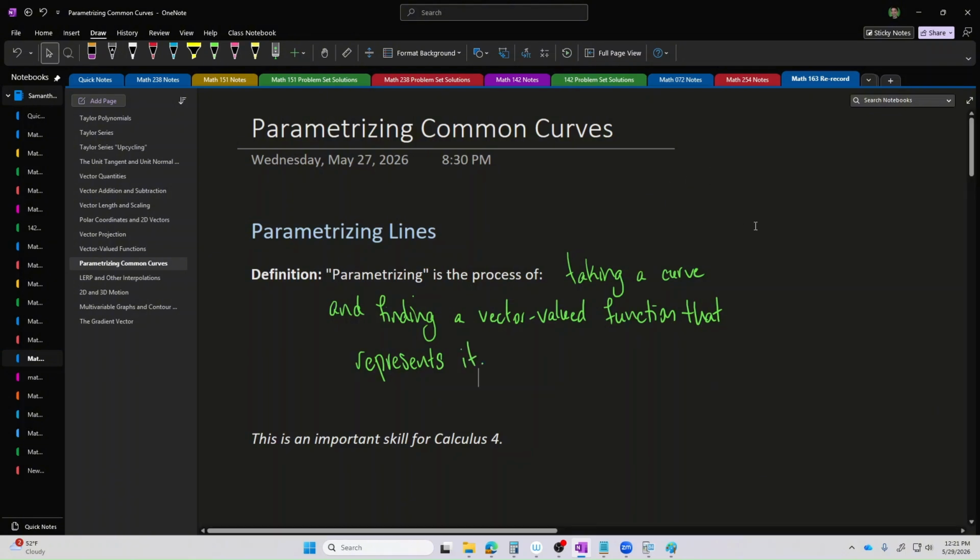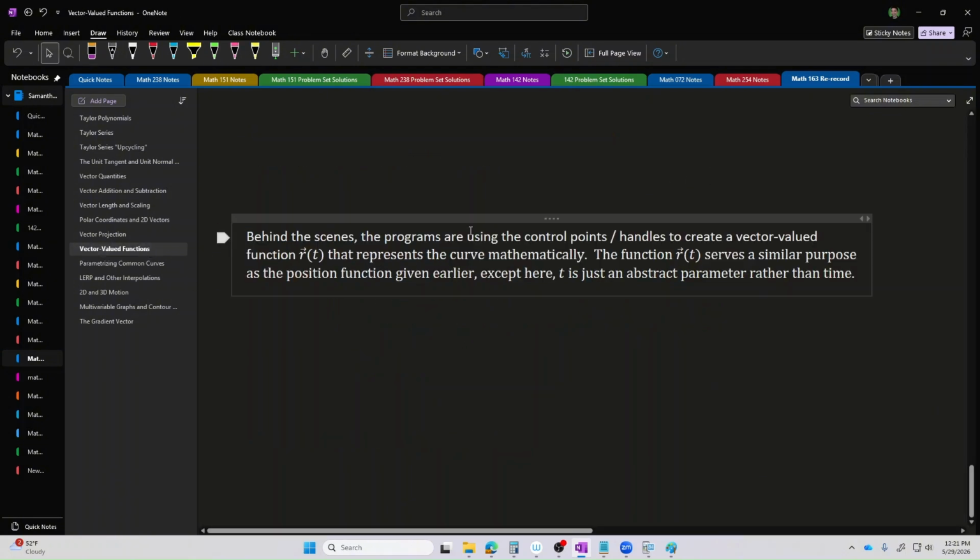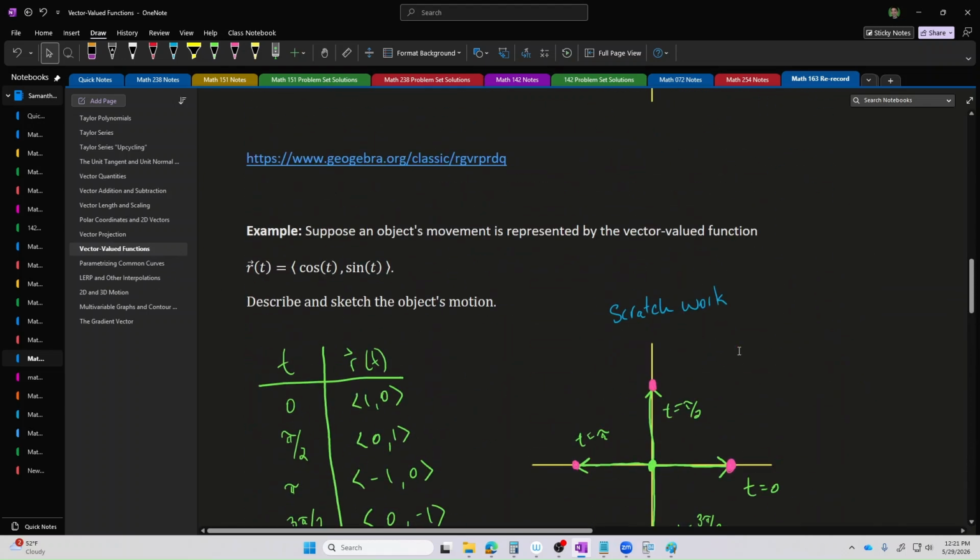So it's basically the opposite of the work we did in this vector-valued functions lesson.